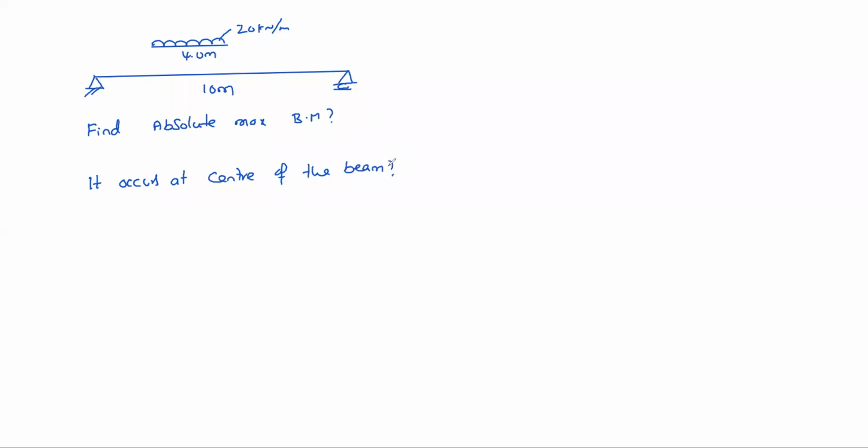For point loads you have seen that the centroid of the loads, I mean the resultant and the maximum load, the midpoint between them should coincide with the center of the beam. That was for point loads. For UDL, simply it is center of the beam. That is like this.